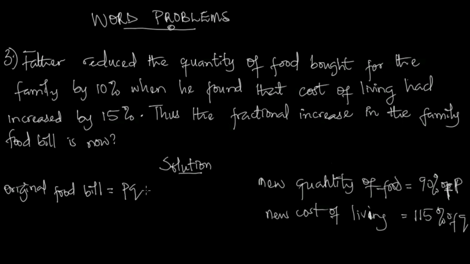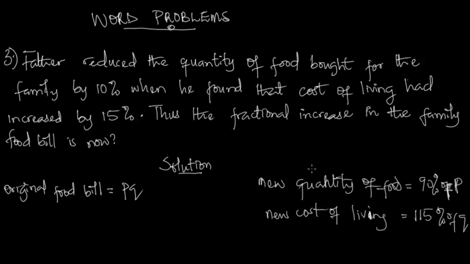If you have 5 tubers of yam, that is the quantity, and each yam is sold at $100 each, that means the bill will be 100 times 5. So that is multiplying each of the quantities by the cost to get the bill for the entirety. So the original food bill would be PQ.